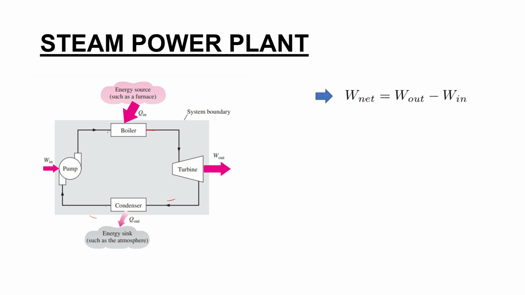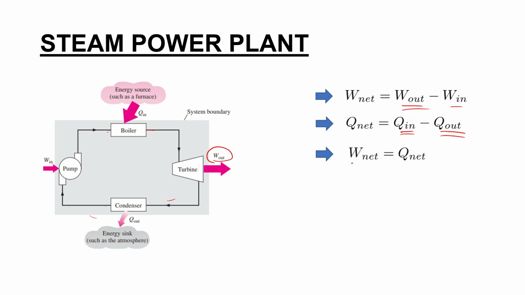You can see that here you are getting a work output, but you need to supply W in at the pump. So net work output is equal to W out minus W in, and the net heat transfer here will be equal to Q in minus Q out.